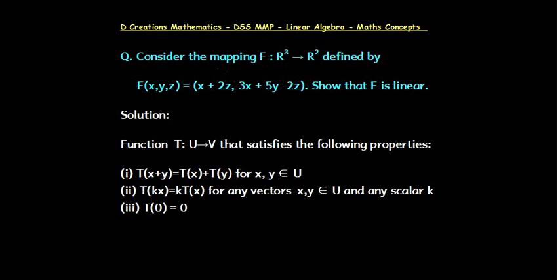Similarly, T of k times x, where k is any scalar, has to be equal to k times T of x, and T of 0 has to be equal to 0.